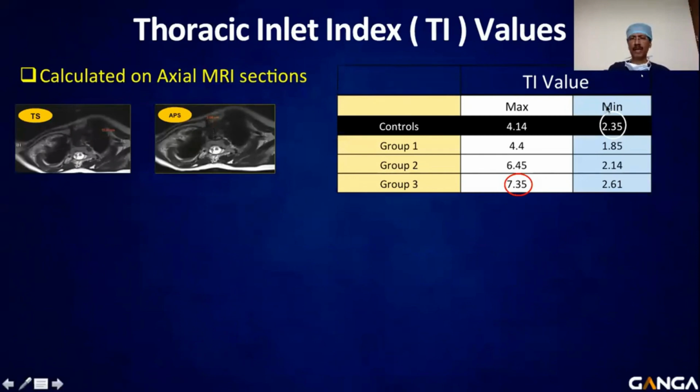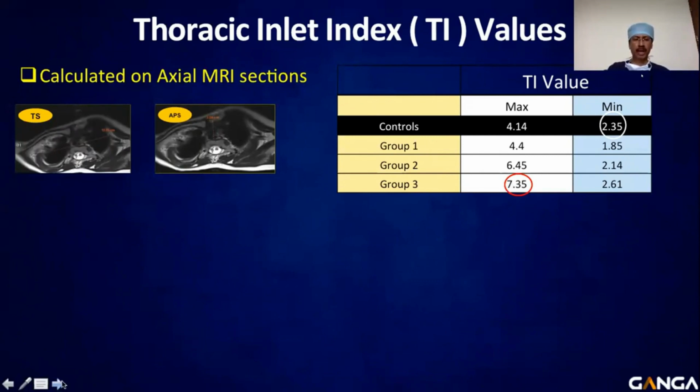Now in the controls, the maximum thoracic inlet index was 4.14 and the minimum was 2.35. Whereas in group 1, you can see that as the deformity increased, and group 3 is the group that had a deformity of greater than 80 degrees, you could find that the maximum was 7.35.